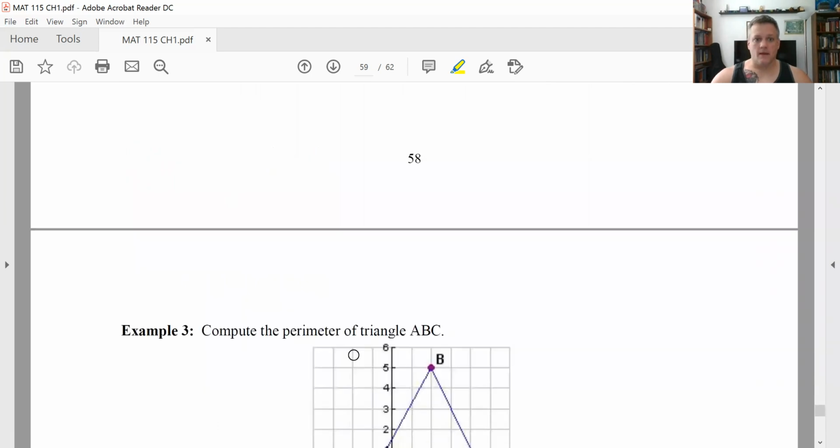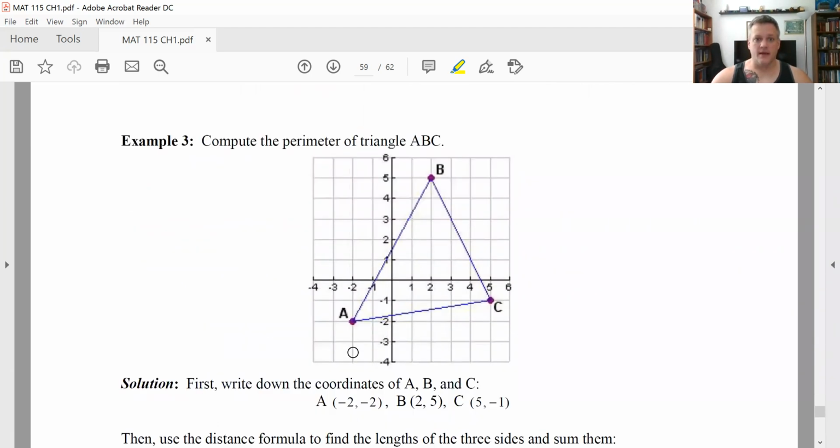All right, I'm going to let you read example 3, but suffice it to say that if you have a distance formula, now you can find the perimeter of any region that's comprised of line segments in the xy plane, right? So perimeter is the distance around. That's a common thing that we ask you to do in calculus and word problems.